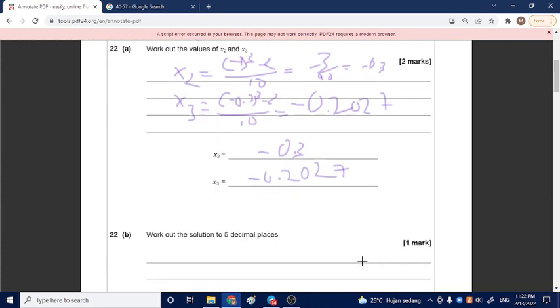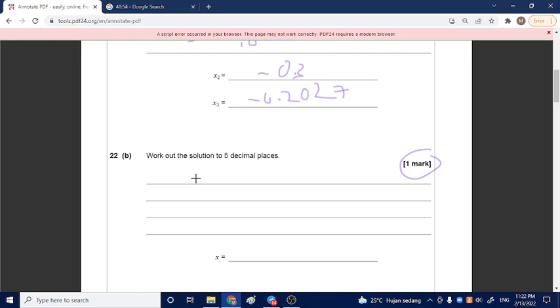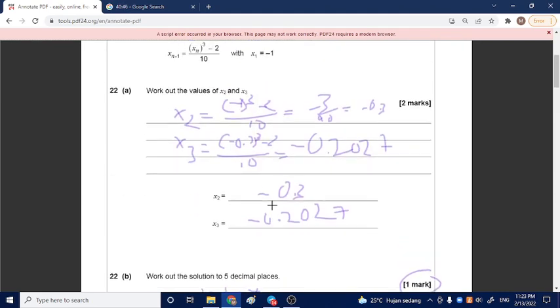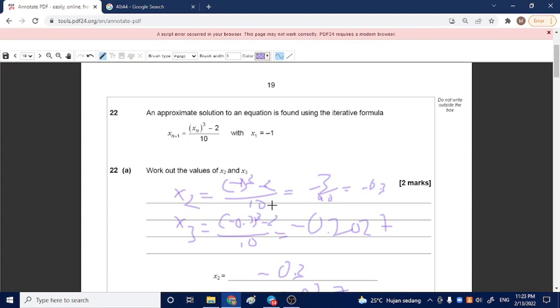We need 1 mark, so it's calculator mode. We start from minus 1, equals.